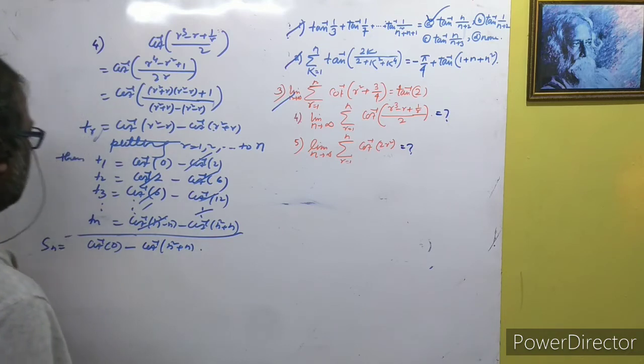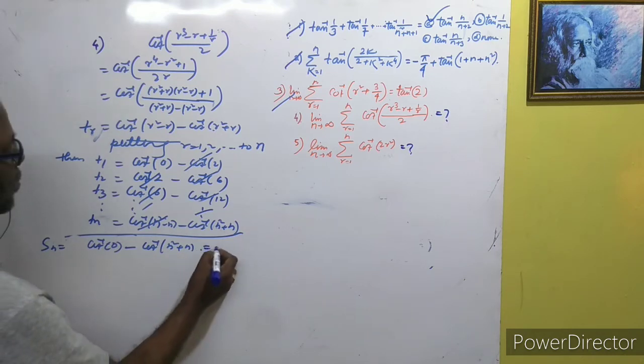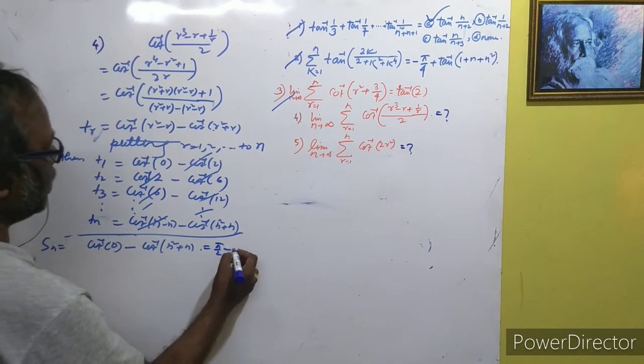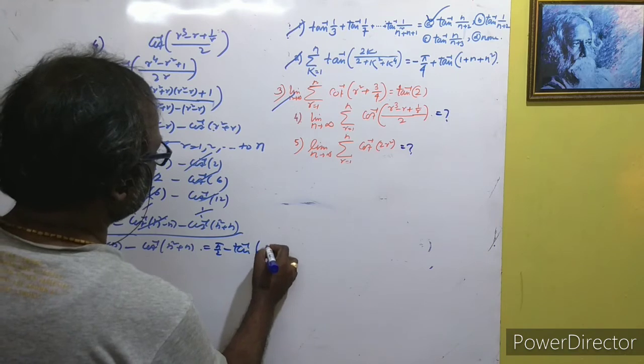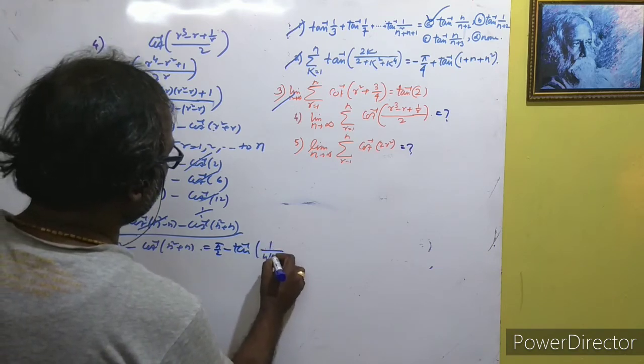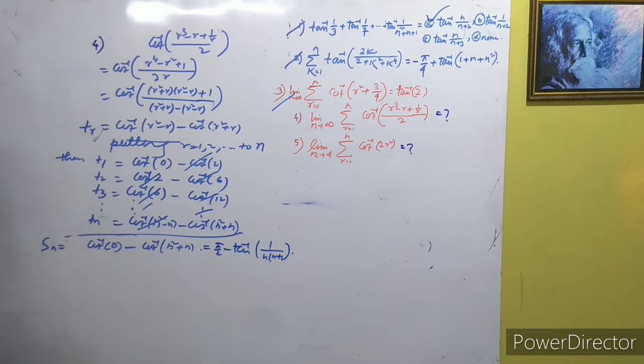Cot inverse 0 is tan inverse 1 by 0, this is pi by 2, so this is pi by 2 minus tan inverse of 1 by n into n plus 1.